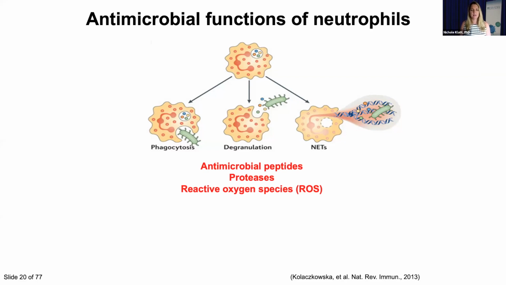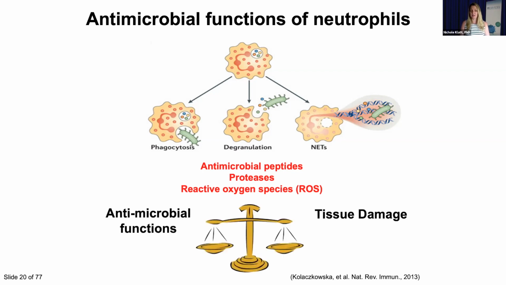But a big thing about these is that neutrophils are highly inflammatory. They're the first line of defense. They get right there to try to combat a new infection. The way they do that is by these different roles like phagocytosis, degranulation, and NETs. And they release a whole bunch of antimicrobial peptides, proteases, and reactive oxygen species.